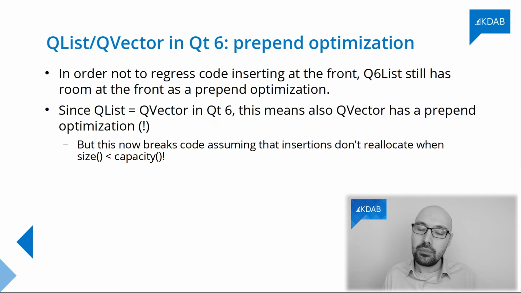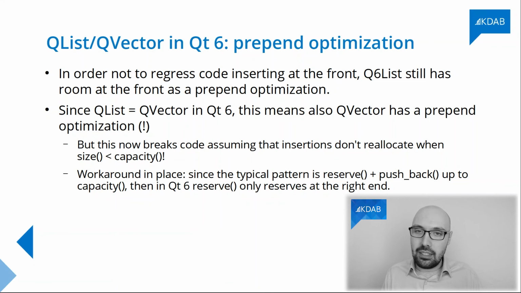There is a workaround in place that fixes, let's say, 99% of the most common cases, which is this one. If you do reserve extra capacity, this extra capacity is reserved only at the end, and only at the right end, I should say. The idea is pretty simple: people typically reserve just before doing some sort of loop in which they push back elements, that is, in which they put elements at the right end of a vector.